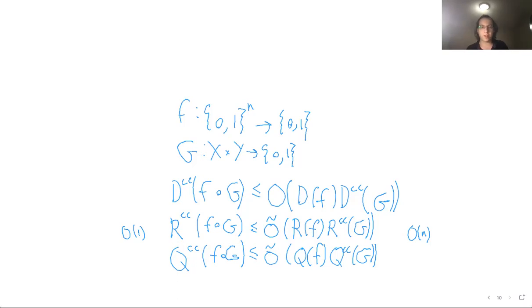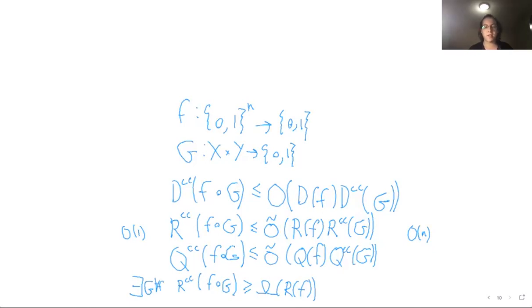So basically, you at least want something like R^CC of F composed G to be at least a dependence on R of F. Of course, even this is false for equality, but we kind of want to say, does there exist a G such that for all F this holds?